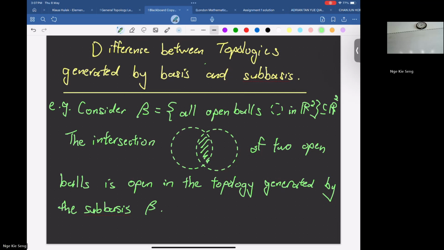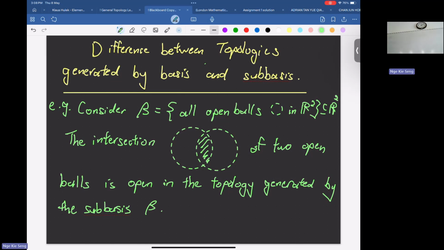Can you differentiate between bases and subbases now? For bases you just take unions of basis elements, but for subbases you need to take unions of finite intersections. You have more. Does it make sense? Any questions? No questions?